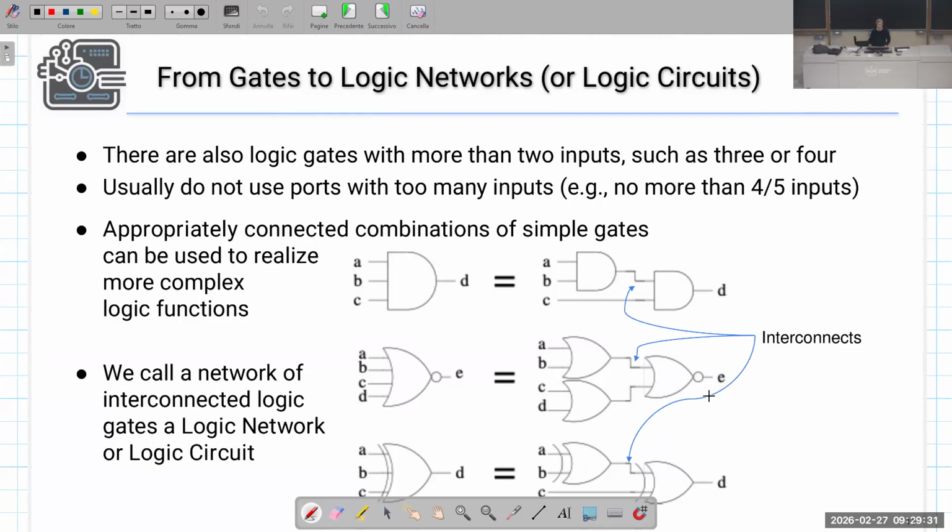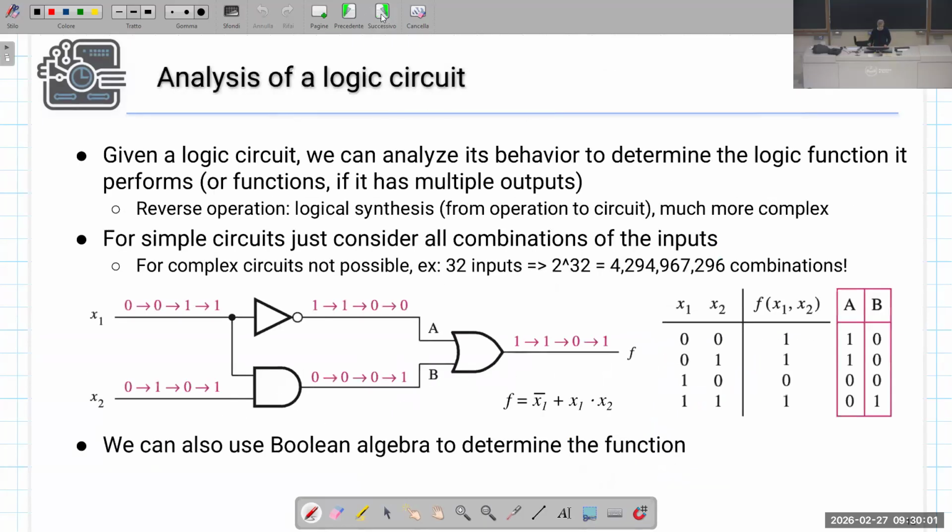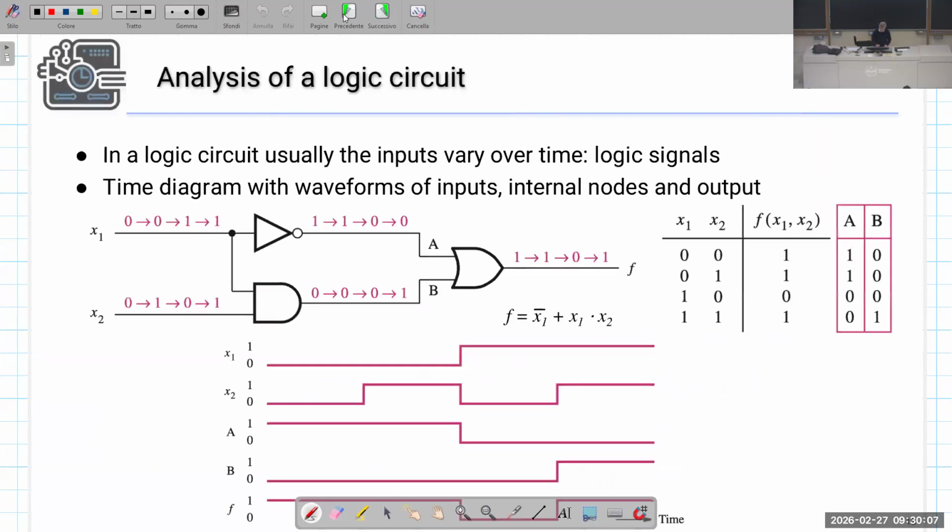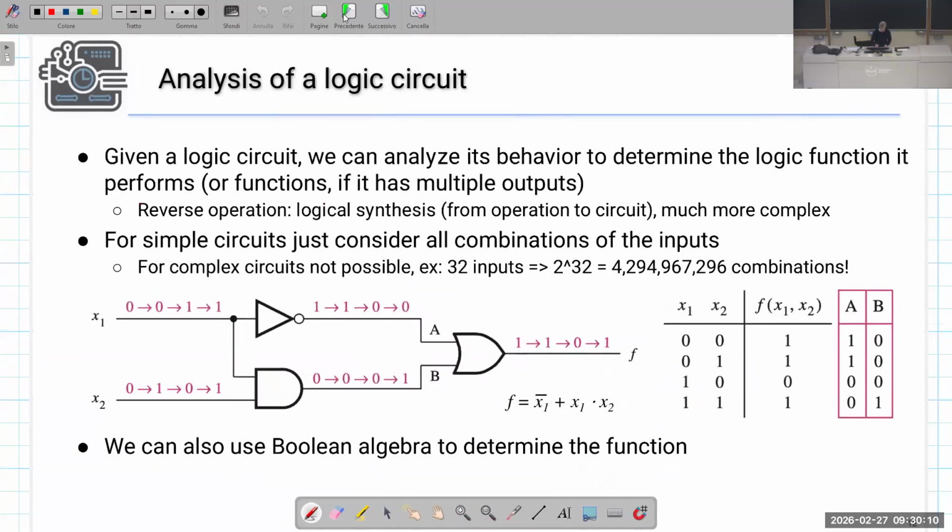So there are no loops, there are no feedback loops. These are combinational systems. Otherwise, we have systems which involve both combinational functions and sequential ones. These are called logic networks, networks obtained by the interconnection of elementary digital gates. Is that clear? Now let's go into more detail.